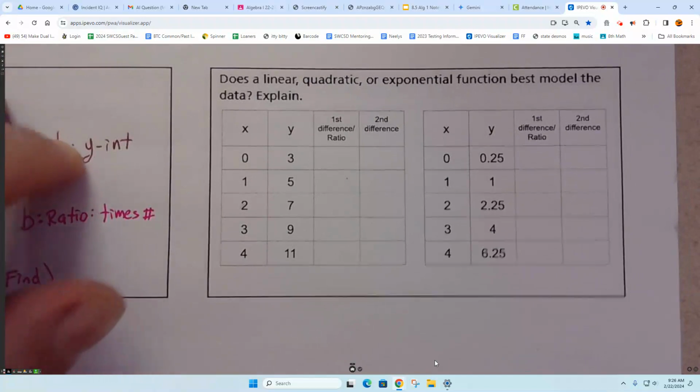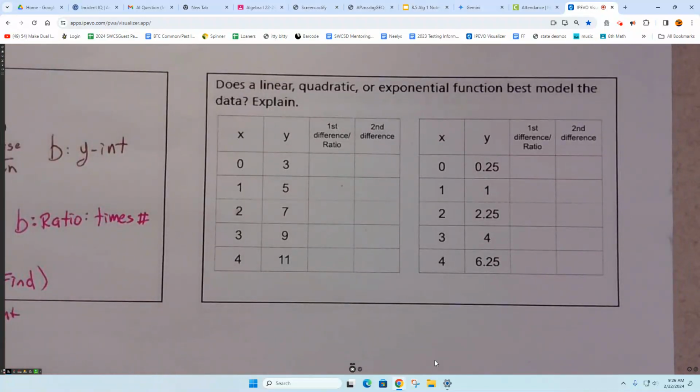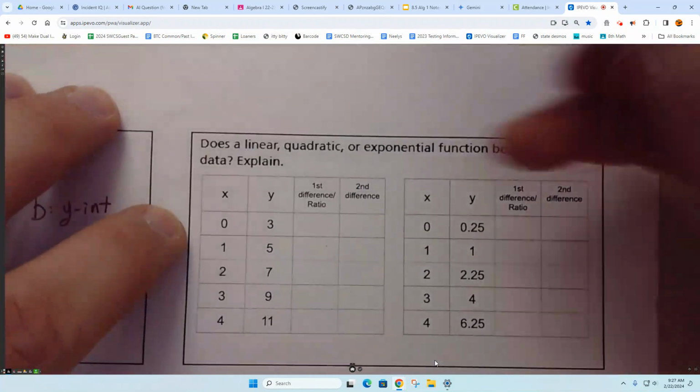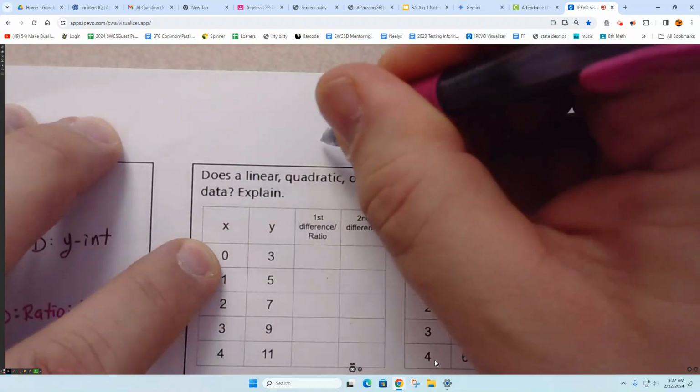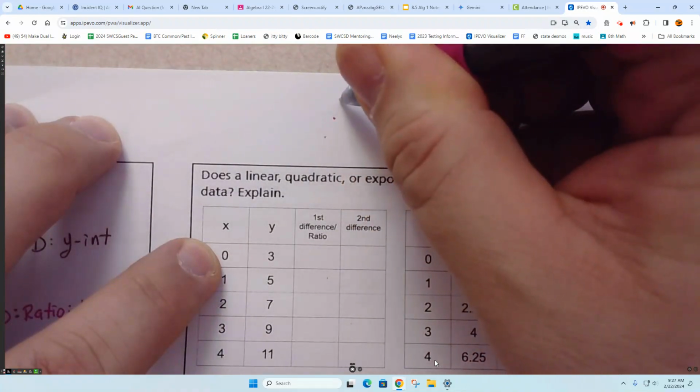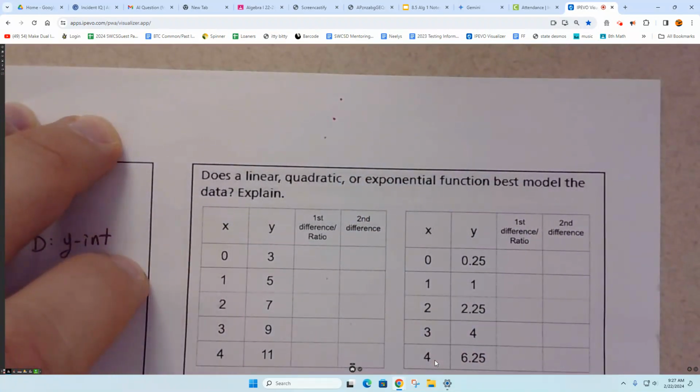Okay, next problem. So these are kind of interesting. We want to be able to figure out whether it's linear, quadratic, or exponential if you're given a table. They can be very tricky and maybe give you points like this. I could graph them, and they could give you 3 points like that. To me, that looks linear.